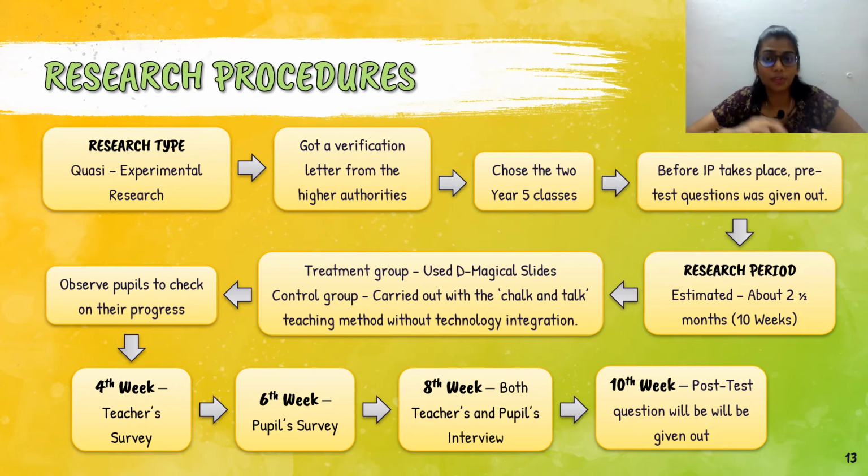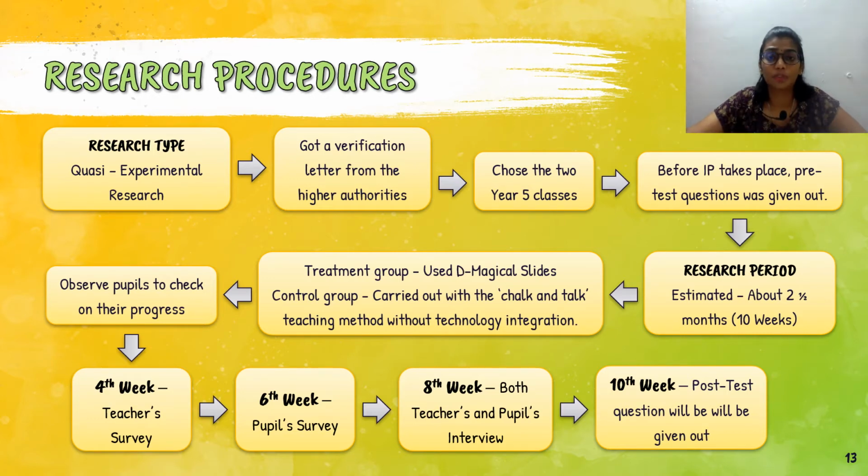For the treatment group, the researcher used the D-magical slides model to teach during the English lessons. Whereas for the control group, their English lessons were carried out with the traditional classroom method without the technology integration. The researcher will also observe the pupils' progress from both the groups for the 10 weeks of the intervention period. On the 4th week, the researcher gave out the teacher's survey, and on the 6th week, the pupils' survey was given out.